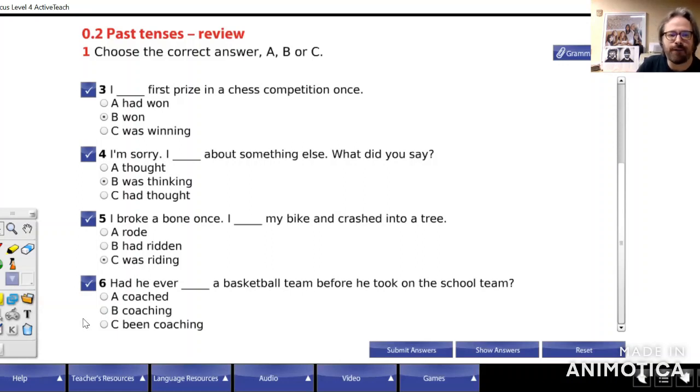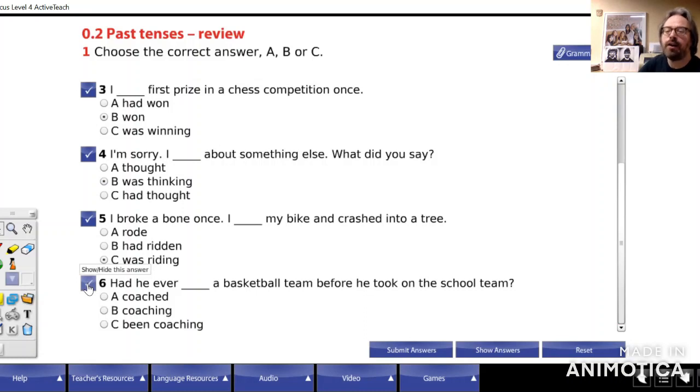And now we have finally number 6. Had he ever a basketball team before he took on the school team? So we have a sentence here, right? We have took. That is a past tense, but we also have before. So that means we have to use a past tense. Now it's being helped already because it said had.